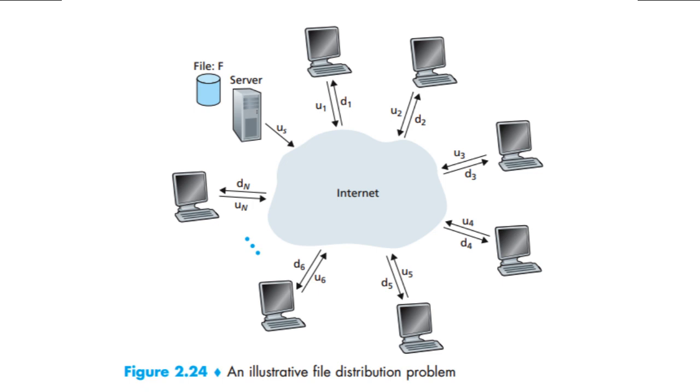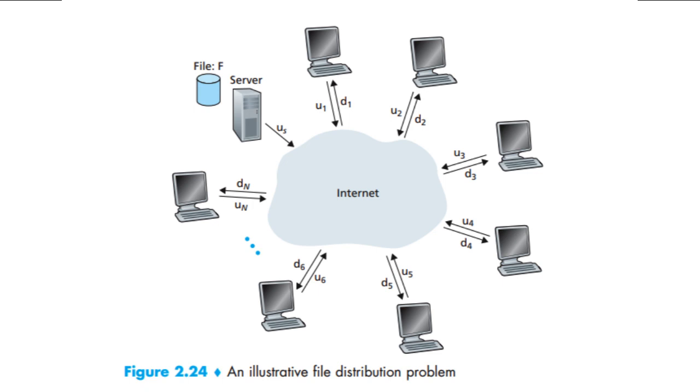Finally, observe that the total upload capacity of the system as a whole is equal to the upload rate of the server plus the upload rates of each of the individual peers, that is, u_total = u_s + u_1 + ... + u_N. The system must deliver F bits to each of the N peers, thus delivering a total of NF bits, which cannot be done at a rate faster than u_total.